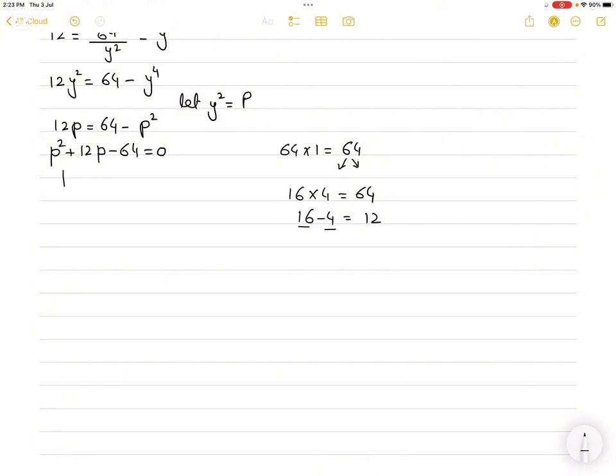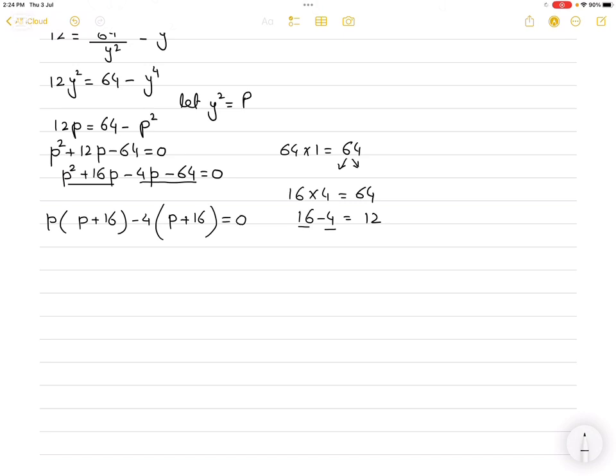So I write p squared plus 16p minus 4p minus 64 equals 0. From the first two expressions, take p common, so p plus 16. From the last two, minus 4 common, so minus into minus is plus, 4 times 16 is 64.